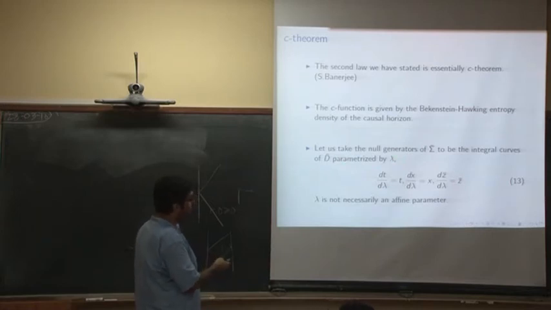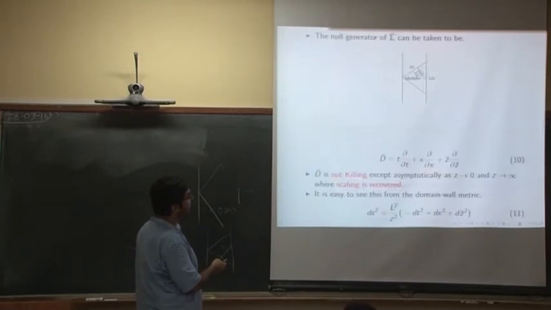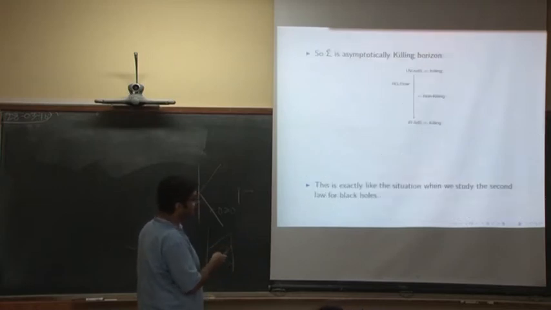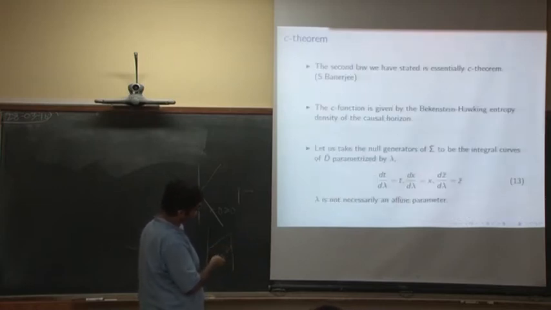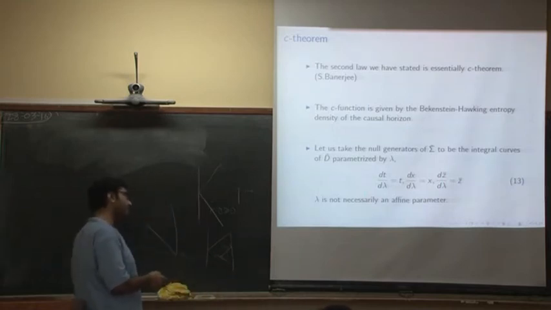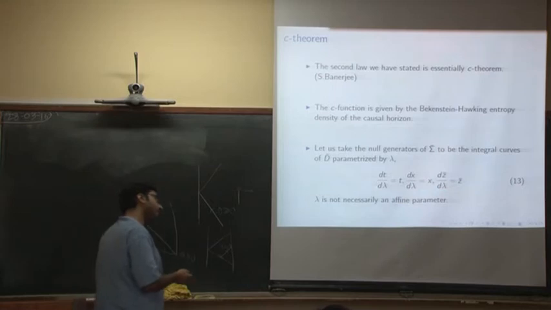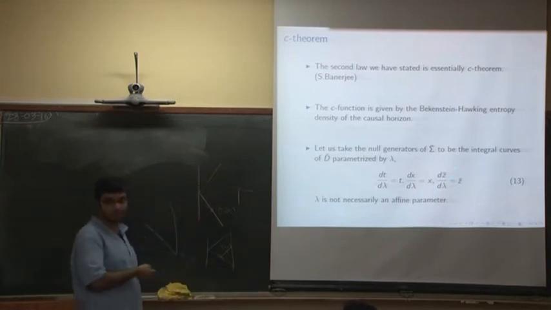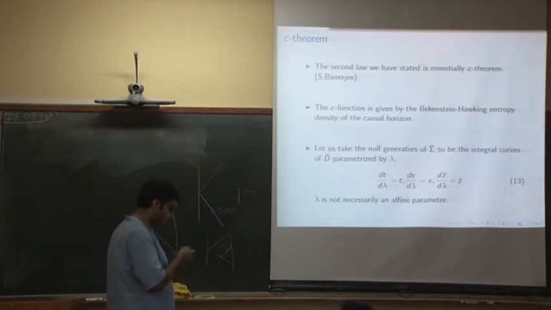So I have this vector field d bar, and these are the null generators. They can be parameterized as integral curves of this vector field d bar. So that means it solves this equation, and lambda is not necessarily an affine parameter in this case.